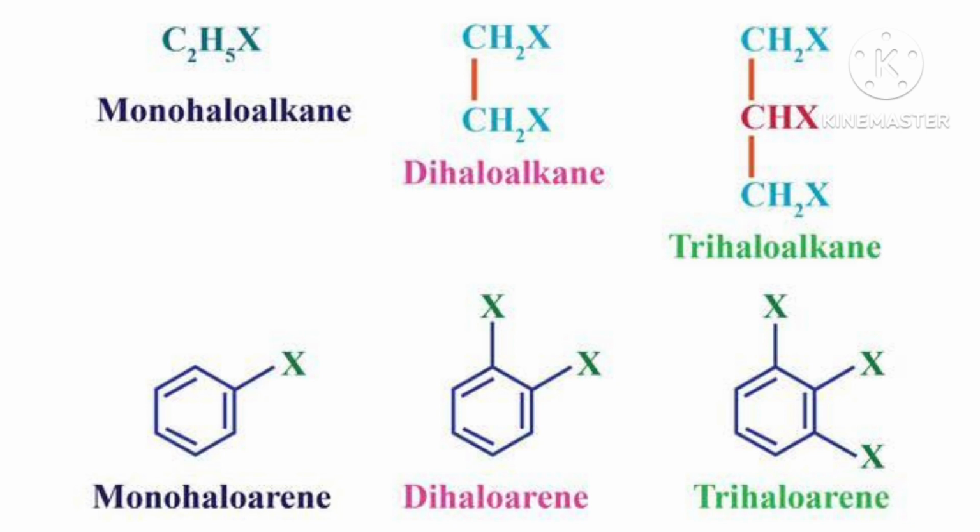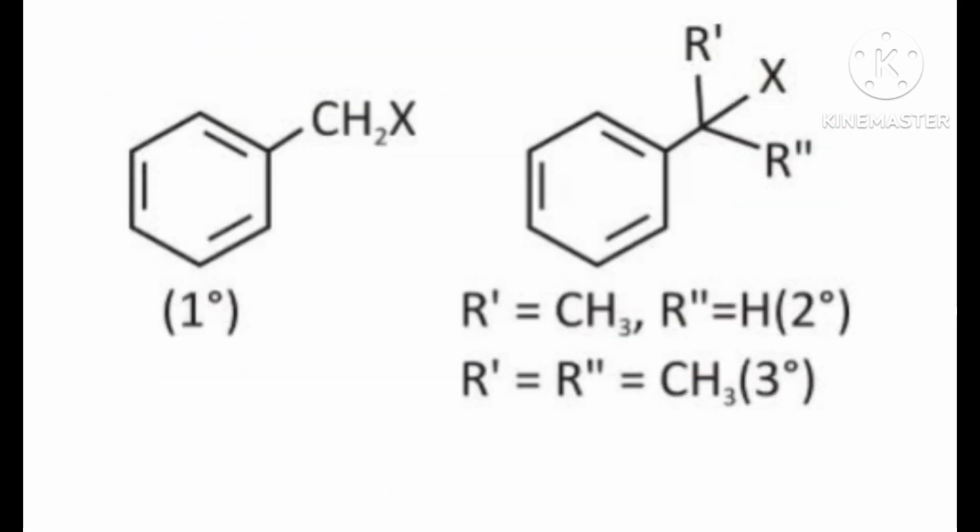Then two hydrogens are remaining. Now this first carbon is sp3 hybridized, but the second and third carbons are sp2 hybridized. Correct? First carbon is sp3 hybridized, second and third sp2 hybridized.